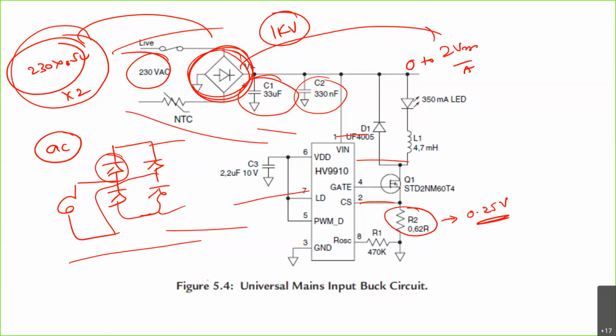So we have to design from 0 to, when no load is connected, we already discussed that the capacitor is charged to the peak of the supply voltage. So that means it's 230 into √2. The range of this output voltage when you have this capacitor filter is 0 to 230 into √2. Is it clear?